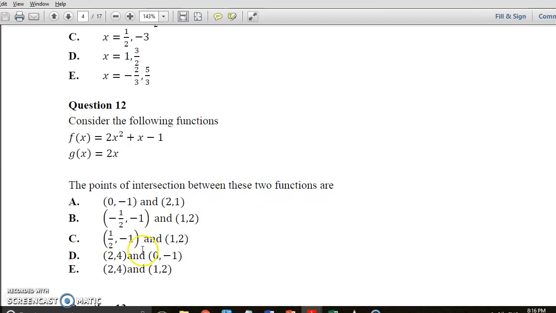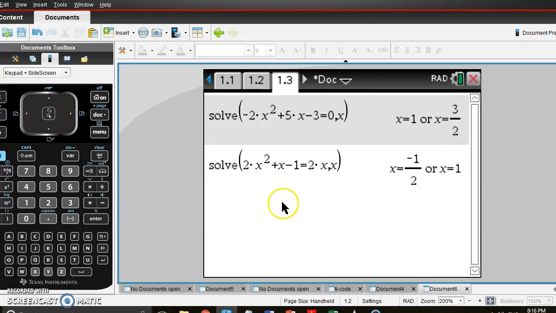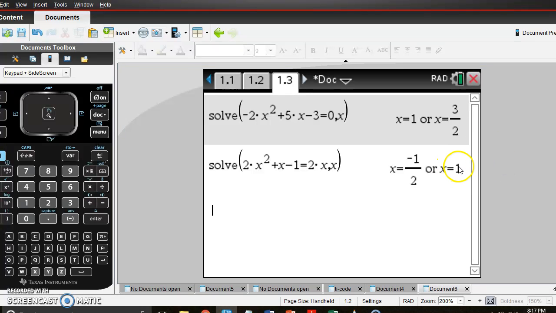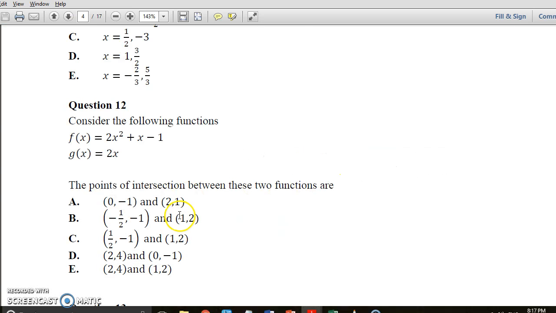Oh, no, we've got coordinates, so we need -½ and 1. So what we can do is substitute this 1 into one of the other equations. We could substitute 1 into this, and we end up with 2. And there we see 1 and 2. So that's the point of intersection.